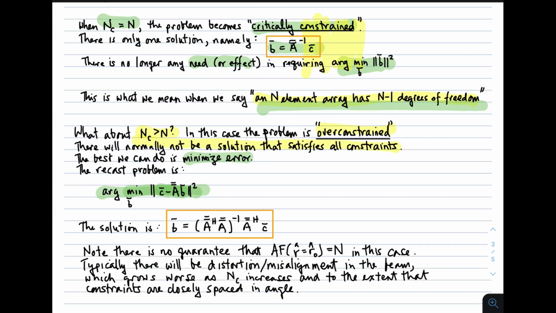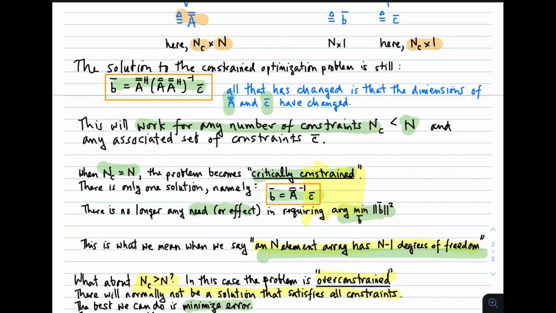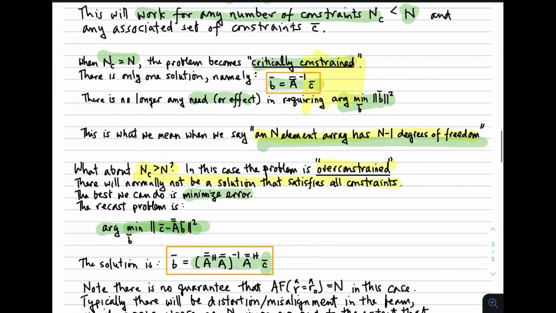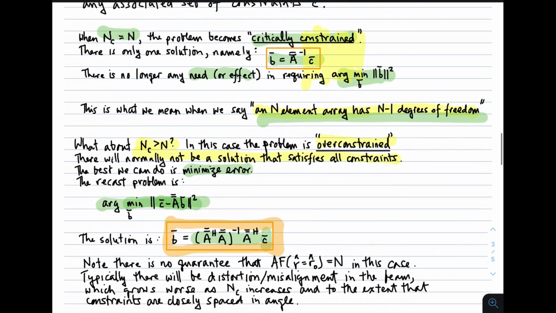Now it turns out there's a simple solution for this. It's that b equals this thing, which is also referred to as a pseudo-inverse, times c. Now this may look very similar to the expression that we got in the under-constrained case, but you'll see it's subtly different. And it's the appropriate answer for this over-constrained problem.